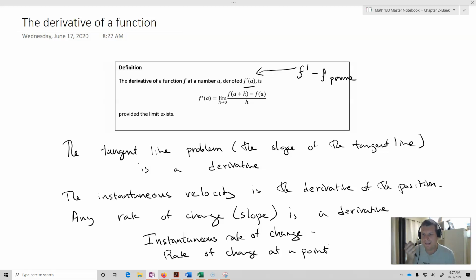What the derivative does is solve the problem of how fast am I going at exactly this point, or at exactly this time. It solves the problem of what's the slope of this curve at exactly this point. So rather than taking 2 points and finding a secant line, we can figure out the slope at exactly a particular point. So when we talk about the derivative, when we talk about f prime, here's what I want you to always be thinking of: rate of change.